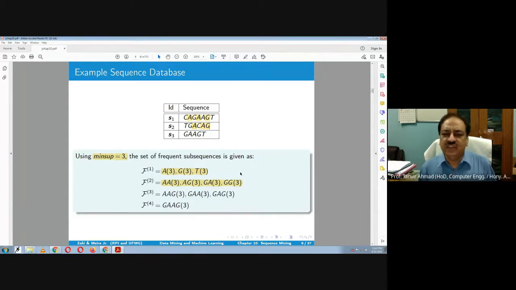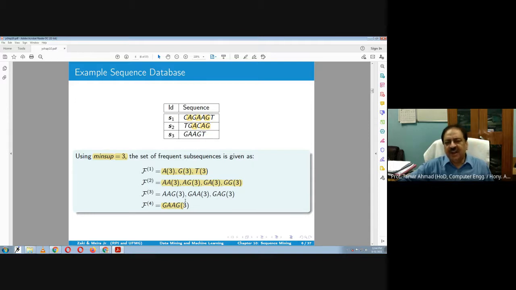Similarly is the case with GAA and GAG. And if I take the frequent sequences of size 4, I find that only one is there, and this is GAAG. When I take this GAAG, you find that it is a part of all the 3 sequences. And since I am taking the minimum support of 3, I will keep all those subsequences which are frequent with a minimum support equal to 3.